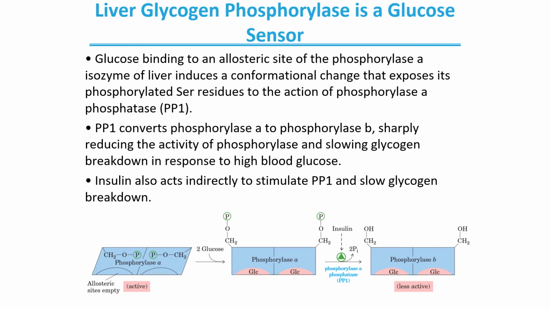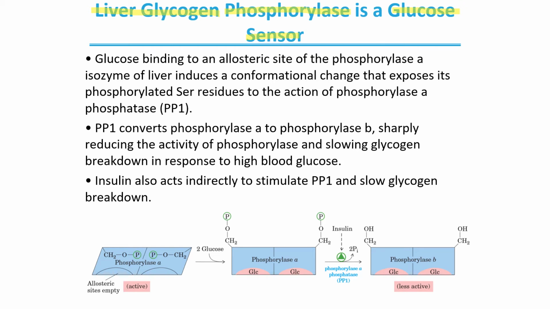So liver glycogen phosphorylase is going to act as a sensor of glucose molecules. As we saw in the previous slide, for this enzyme, glucose is the allosteric inhibitor. So this enzyme, phosphorylase, acts as a sensor of glucose molecules in the blood.